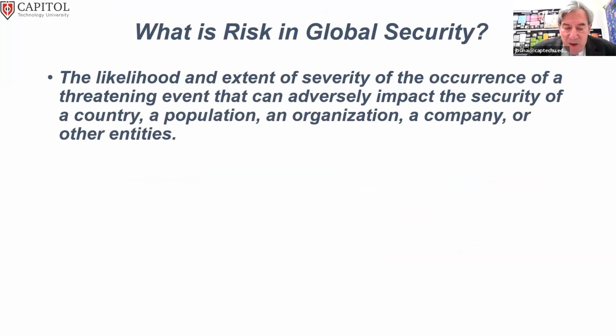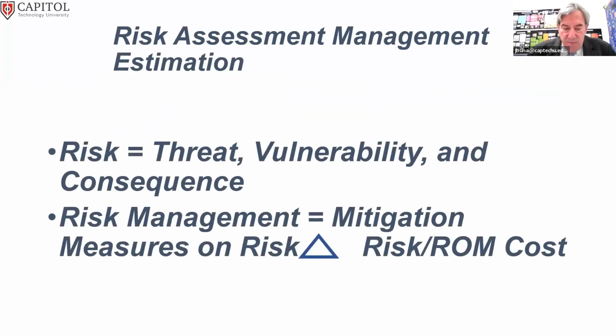It can be defined as the likelihood and extent of severity of the occurrence of a threatening event that can adversely impact the security of a country, a population, an organization, a company, or other entities. Risk is a function of the interaction between threat actor, vulnerability to be attacked, and consequence of being attacked.